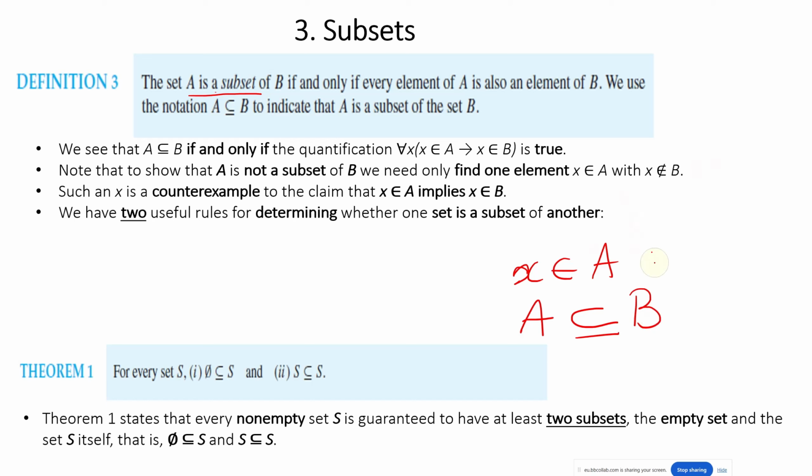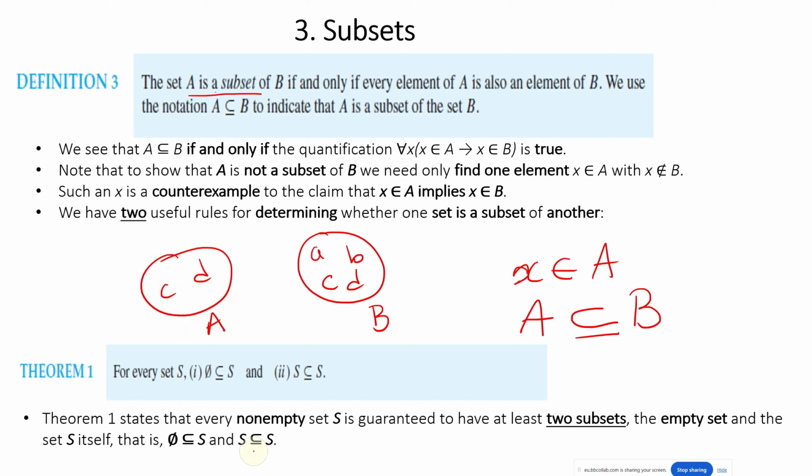For example, let's say set B is A, B, C, D. And then I have the set A, which is going to be C, D. Now you see, set A has two elements. Set B has these four elements.